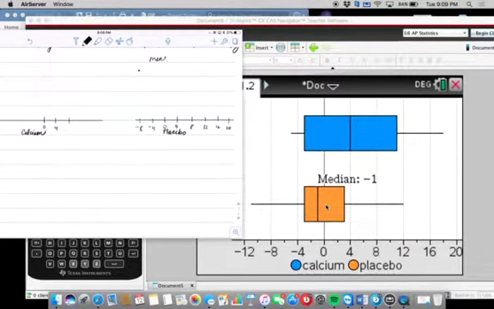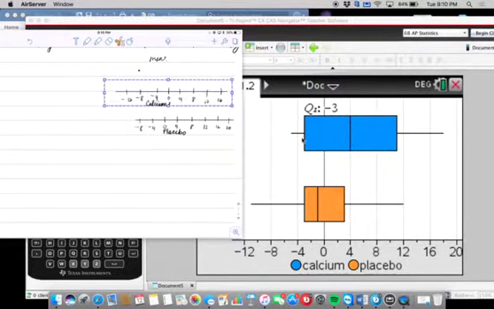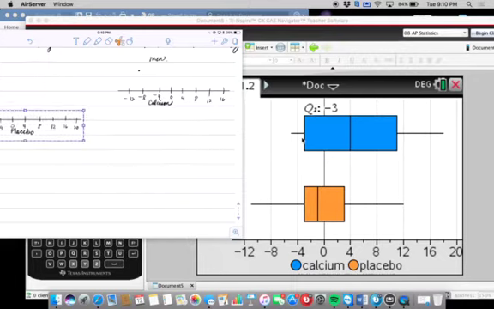So 4, 8, 12, 16, -4, -8, -12. All right, so for calcium, did I draw these backwards? I did. Oops. Let me fix that.